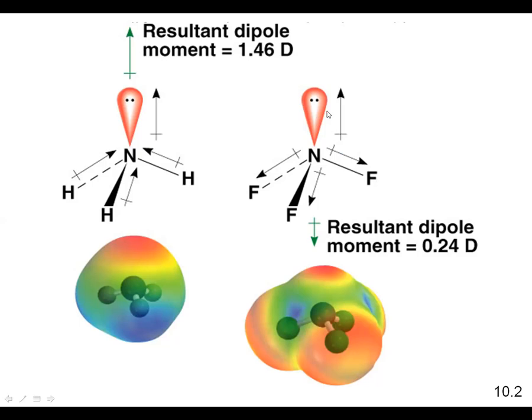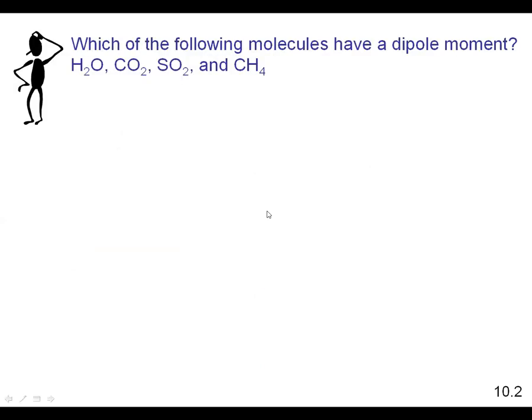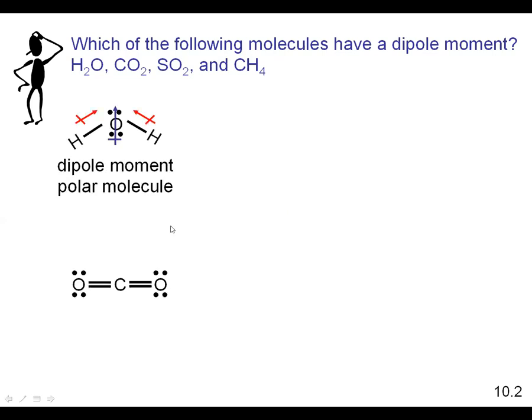When you draw the Lewis structure, if you see dots on the central atom and everything's the same, we would expect it to be a polar molecule with a dipole moment. You can also see, depending on the shape and what things are there, the dipole moment may be larger or smaller. We're not going to calculate dipole moments in this class, but they can be different in terms of overall dipole moment. A lot of these we talked about, so let's just take a look at them there to finish this up here.